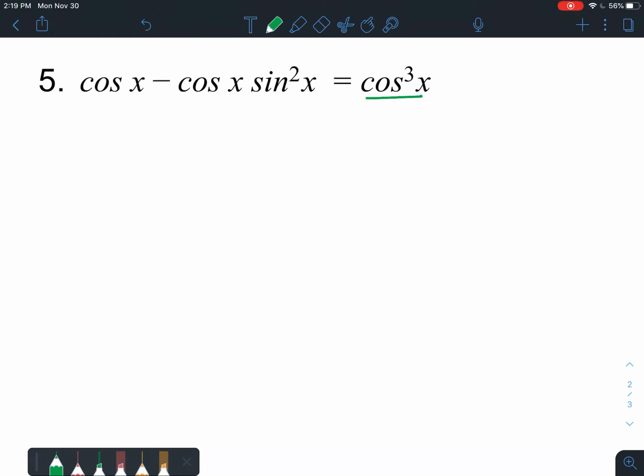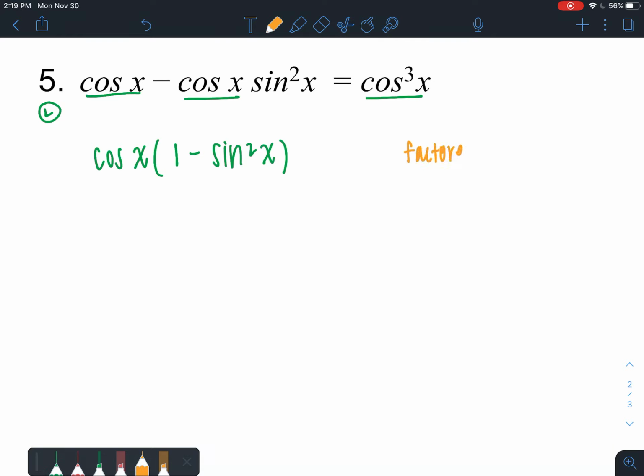Okay, so I want to end up with a cosine in the end. So I'm going to start with the left because I have more to work with. But I notice I have a cosine and a cosine, so let's go ahead and factor out that cosine. That's kind of where my mind is going first. So we just factored. Then 1 minus sine squared x, using sine squared x plus cosine squared x equals 1.